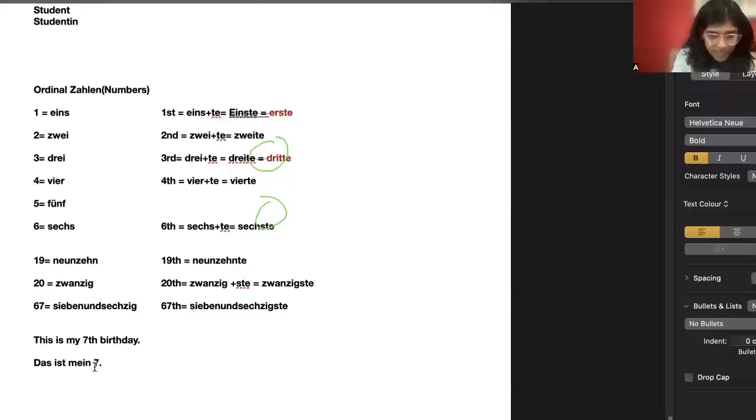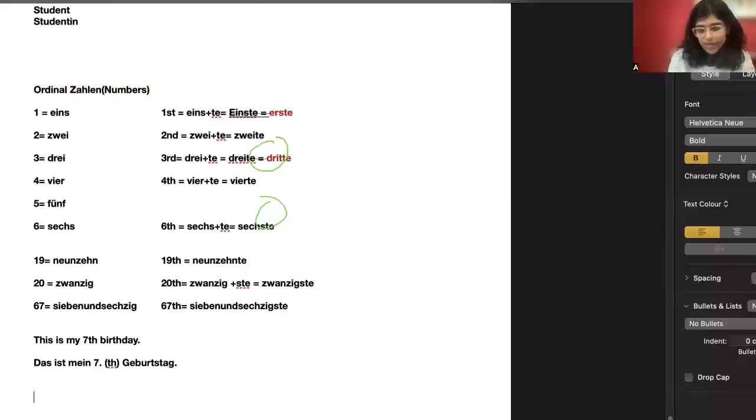When you write this 7 and dot, this dot is nothing but the th in seventh. Geburtstag is birthday. So whenever you find this dot with any number in German, it is always talking about Ordinal Zahlen.